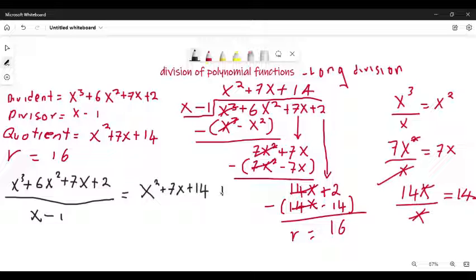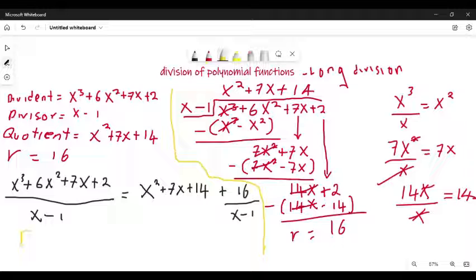Then you add it with the remainder, which is 16, this remainder over the divisor. So this is how you should present your answer after answering. So you present it in this form. Let me just demarcate this so that they don't mix up with the calculation. So this is how you present your answer.